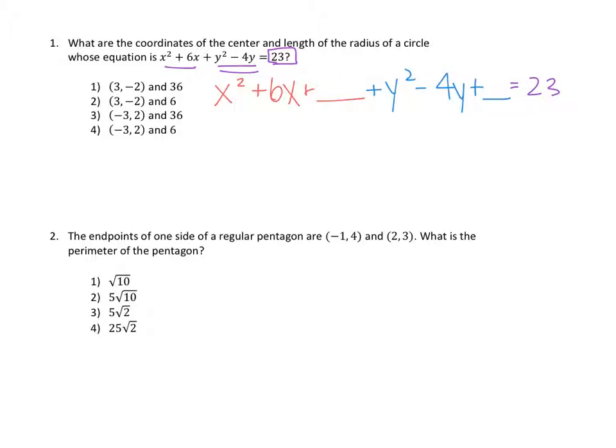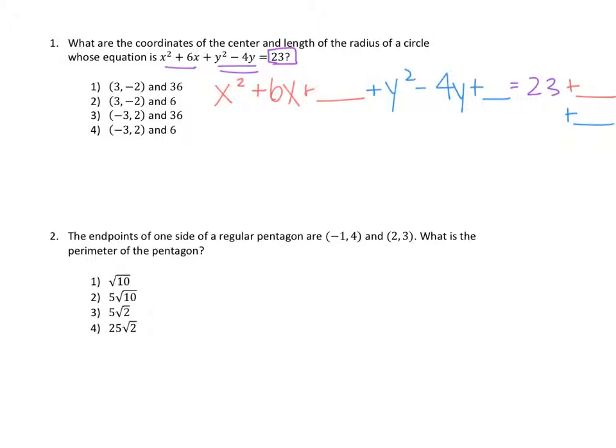And because we put a plus blank on the left side for the x's and for the y's, we need to get two of them on the right side, just to keep the equation balanced. So in order to find the value for this first plus blank, I'm going to focus on this 6x right here. This is my b value for the x terms, because typically we go a, b, c. b is always attached to the x term, the linear term.